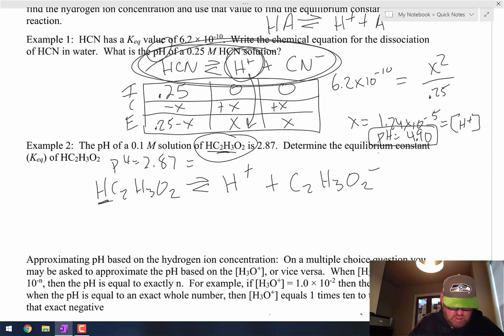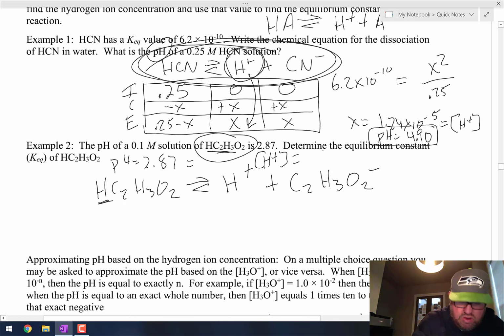10 to the power of negative 2.87, and that tells me the hydrogen ion concentration is equal to 1.35 times 10 to the minus third.